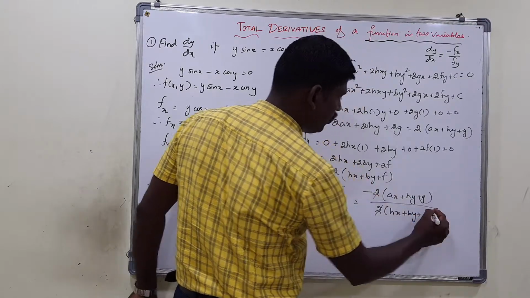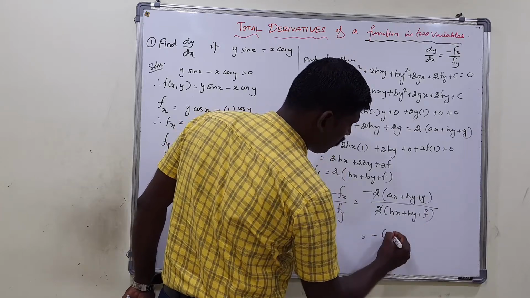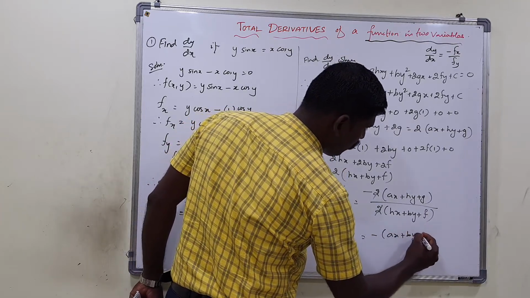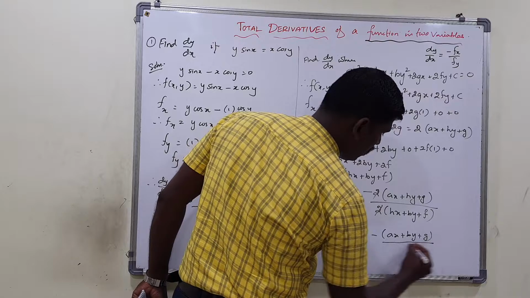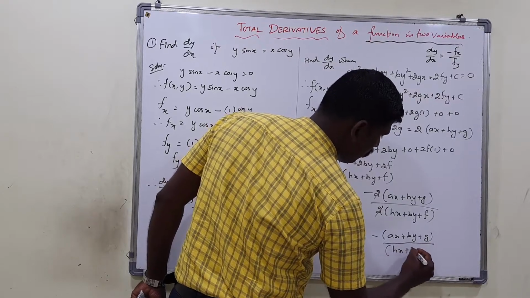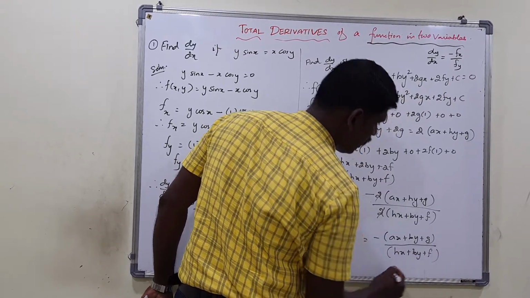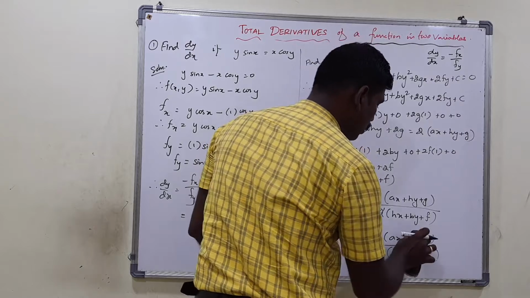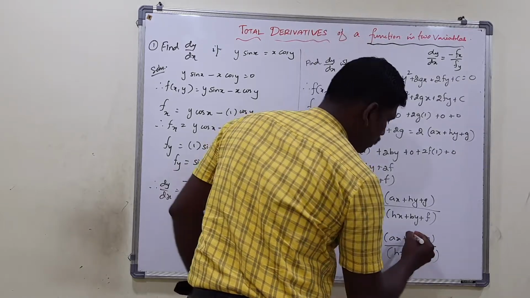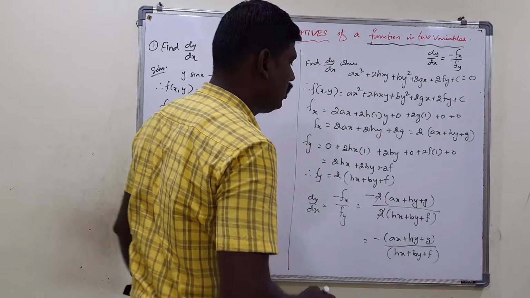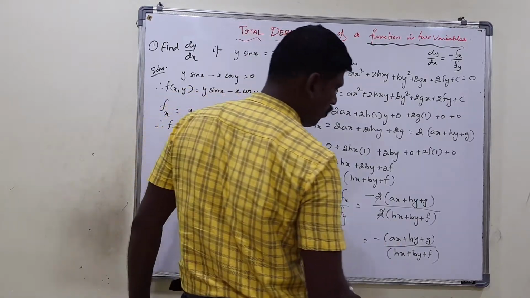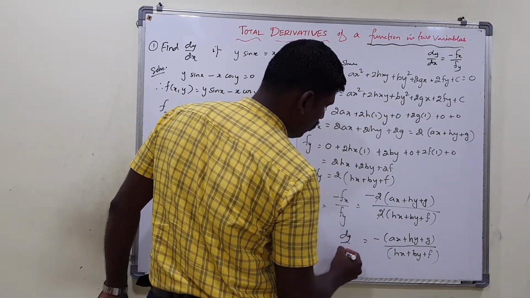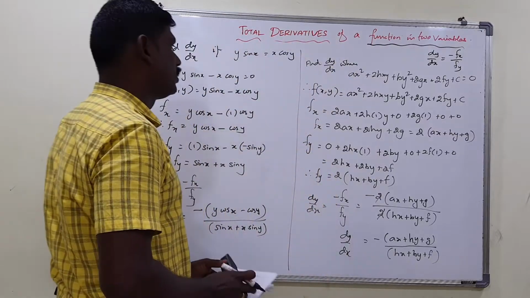You can cancel both of the twos. So the answer is minus of ax plus hy plus g by hx plus by plus f. Sorry, it's not by. It is hy plus g divided by hx plus by plus f. This is the answer of dy by dx, right?